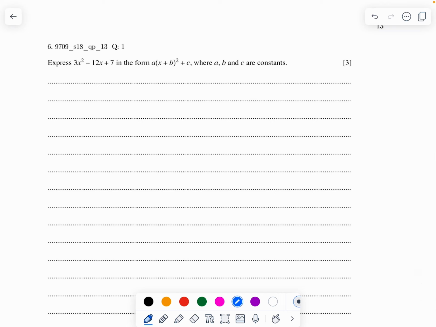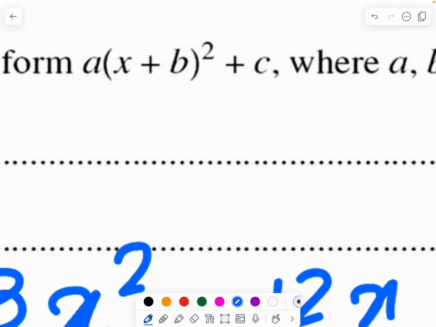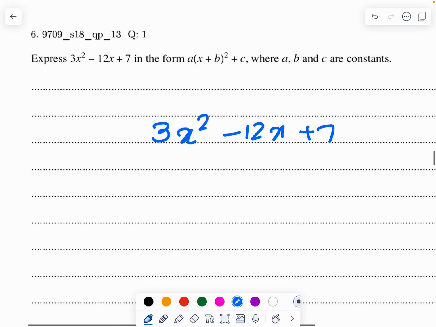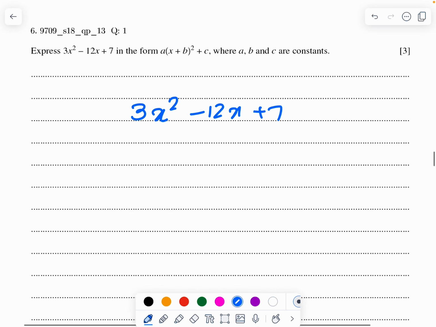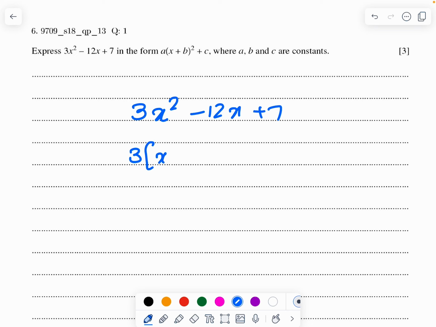Again expressing in the completing square form, 3x square minus 12x plus 7. It can be clearly seen that a has to be taken common. So I take 3 common, x square minus 4x. Don't touch that 7, plus 7 as it is. Now 3 times x square minus 4x. We know that 4 divided by 2 is 2.